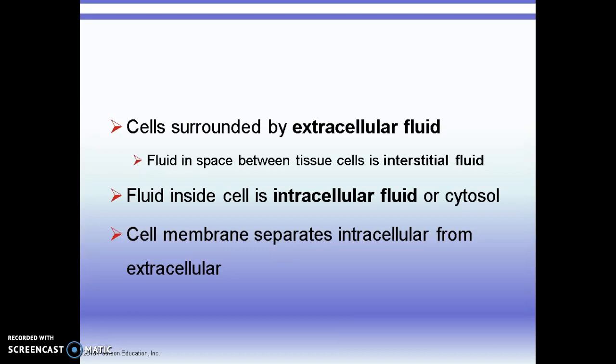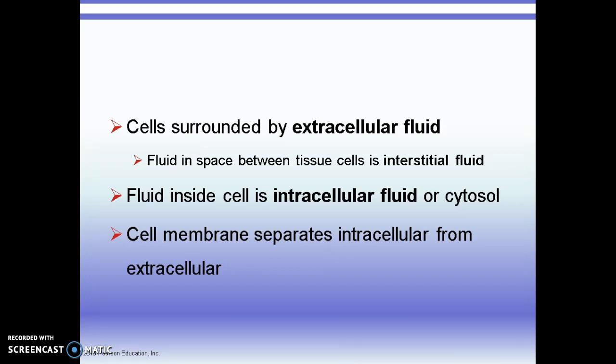Cells do not live with just other cells. There's a lot of stuff between cells and around cells within tissues. Cells are always surrounded by fluid called extracellular fluid. When that extracellular fluid is between tissue cells, it's called interstitial fluid.